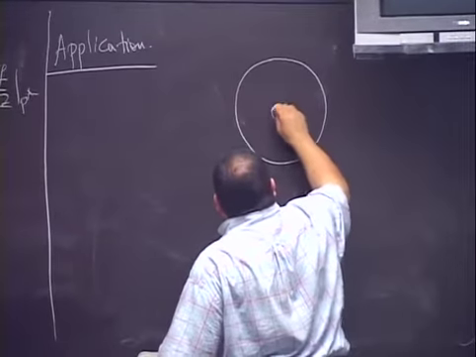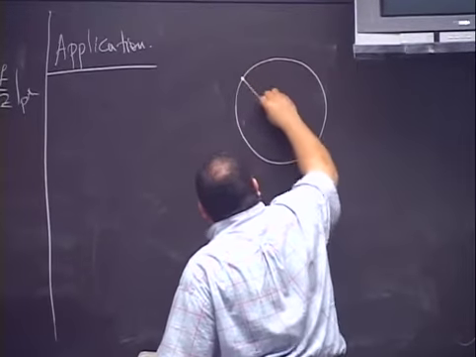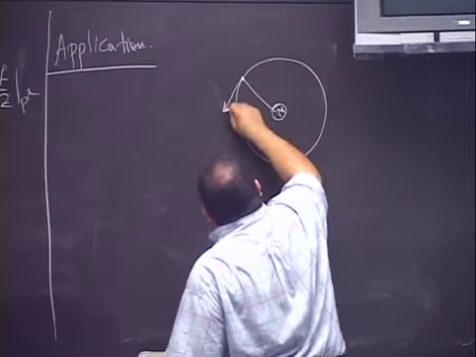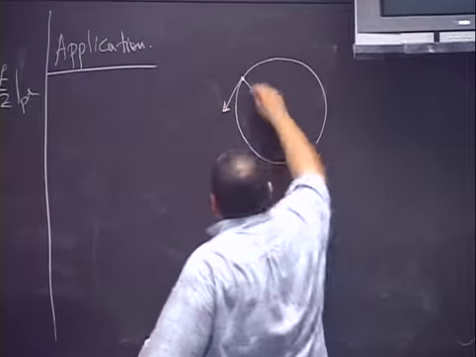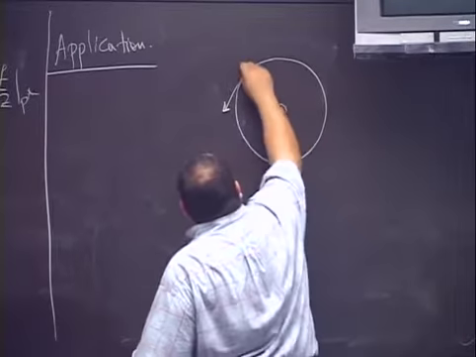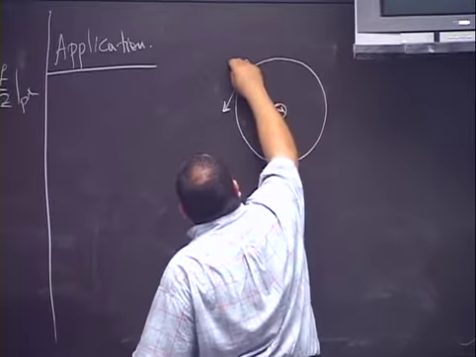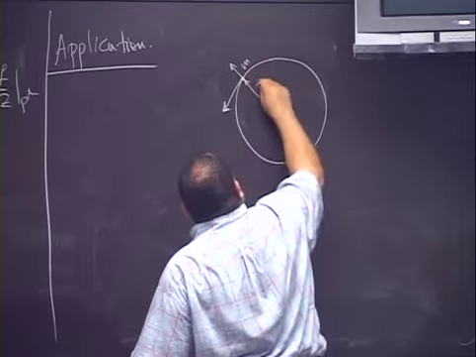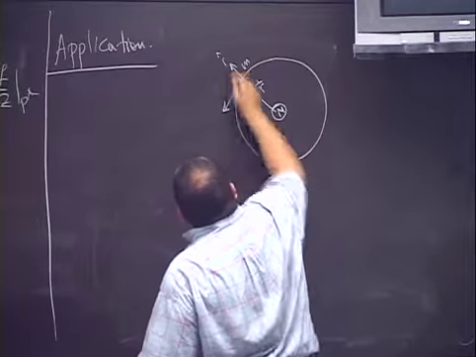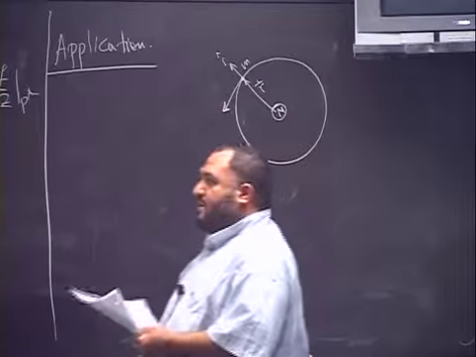So this is M capital, and there is a small m here, and this particle is just rotating around M. So this is m small, and this is R. This vector is vector R, and the direction of this vector R is just r hat.